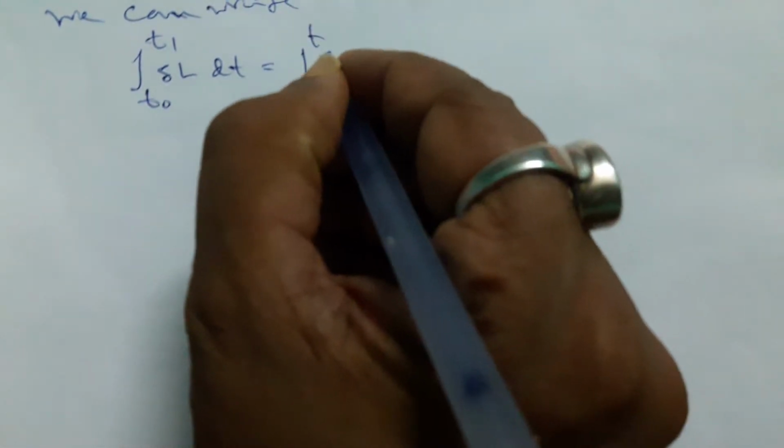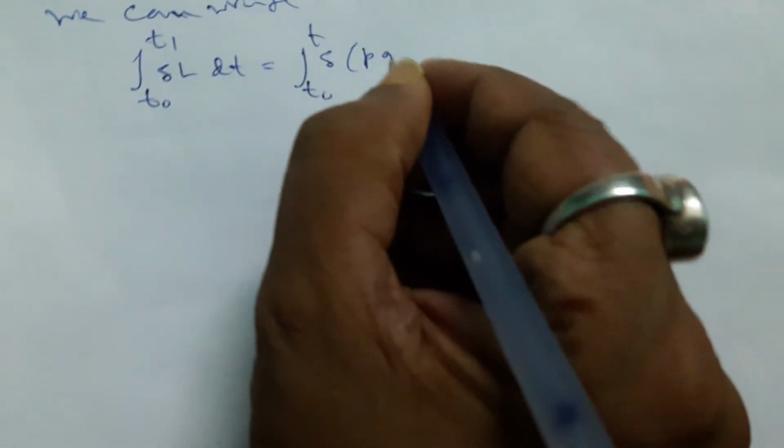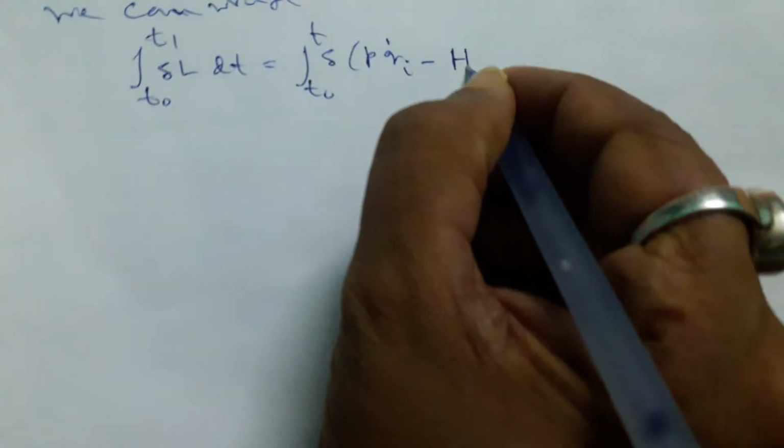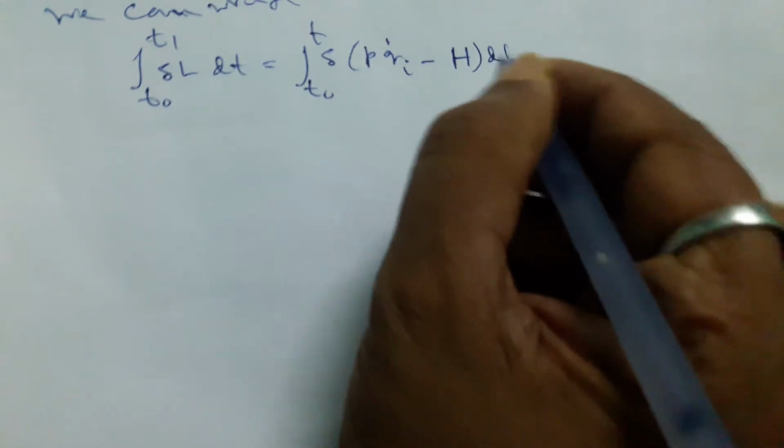At first, we can write the integral t0 to t1 of del L dt is equal to the integral t0 to t1 of del of (p qi dot minus H) dt.